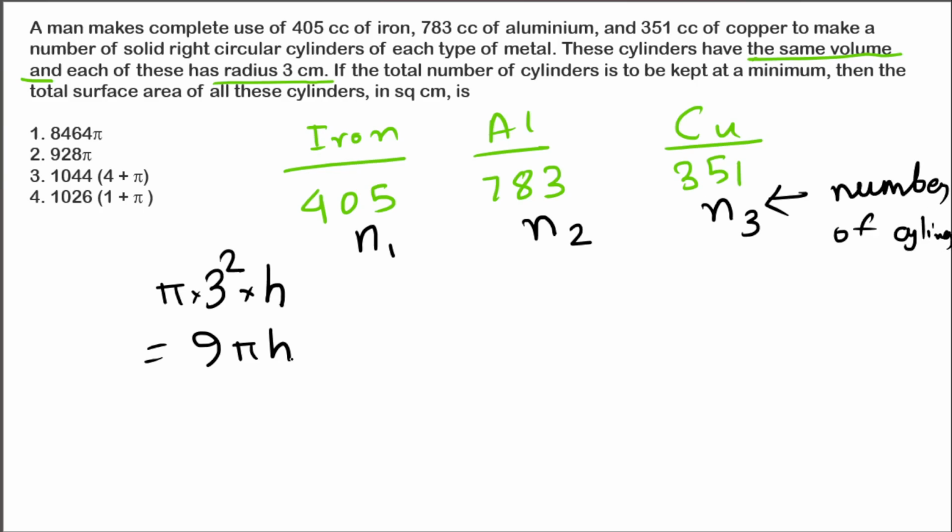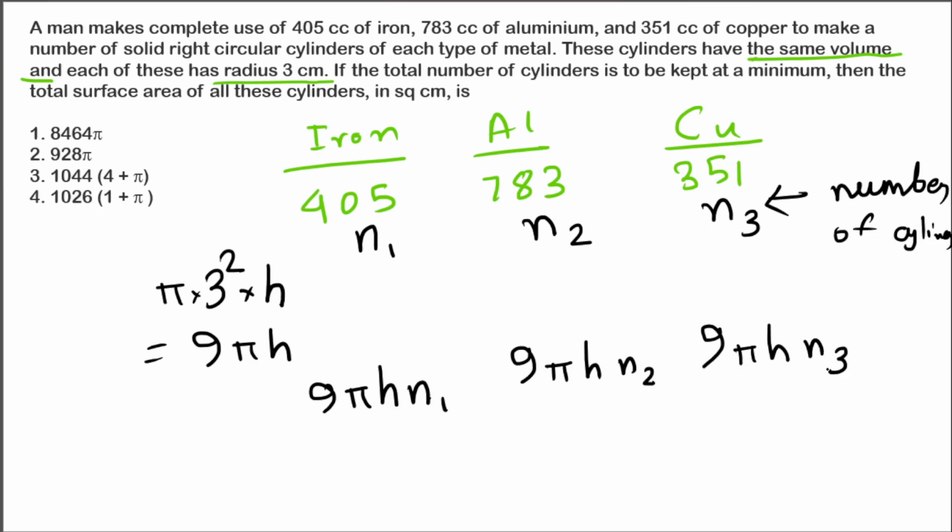Now we can say that the total volume of all of them would be 9 pi h n1 for this, 9 pi h n2 for this, and 9 pi h n3 for this. Now you see 9 pi h n1 is simply 405.